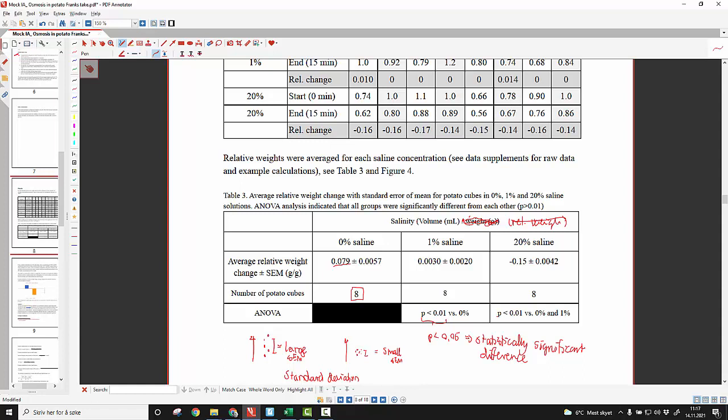So that is pretty good, solid data. And here, this only shows that the drop in weight in the 20% saline, the hypotonic solution, is significant both if you compare it to 1% and if you compare it to 0%.